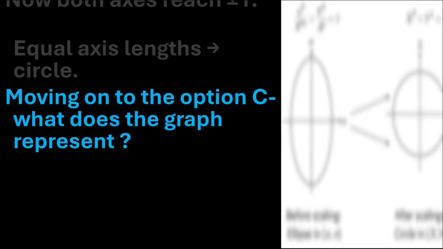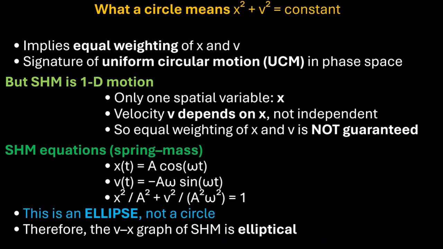Now, before we go to the next option, let us have a quick review of what we discussed so far. If you have not written any notes so far, please make at least note of the summary here. Equal weightage, x and v, circular representation. Simple harmonic motion is one dimensional. There's only one spatial variable.